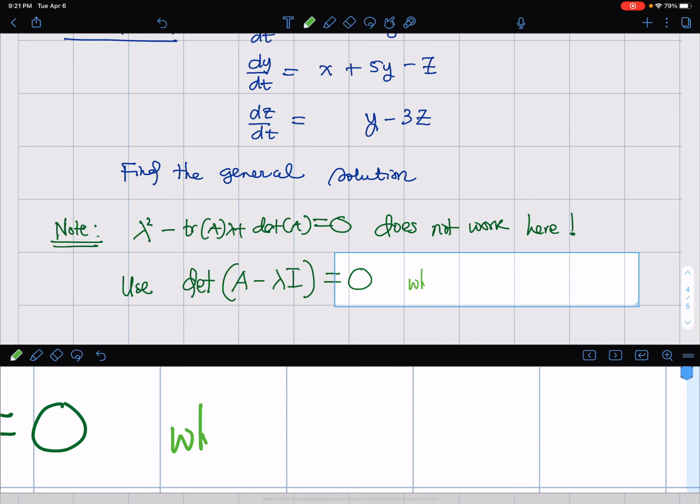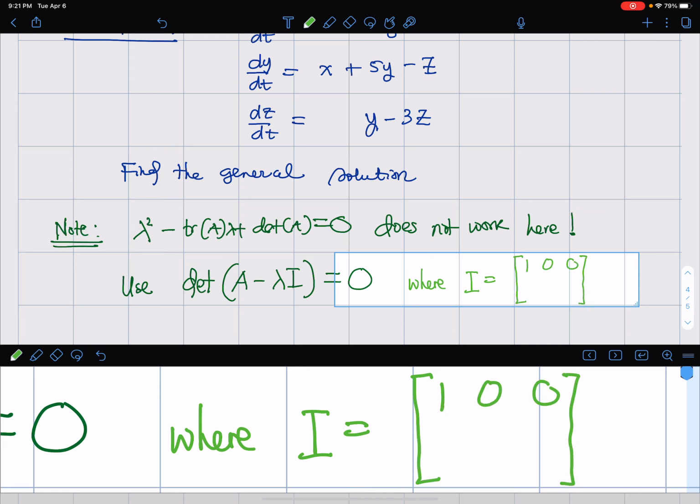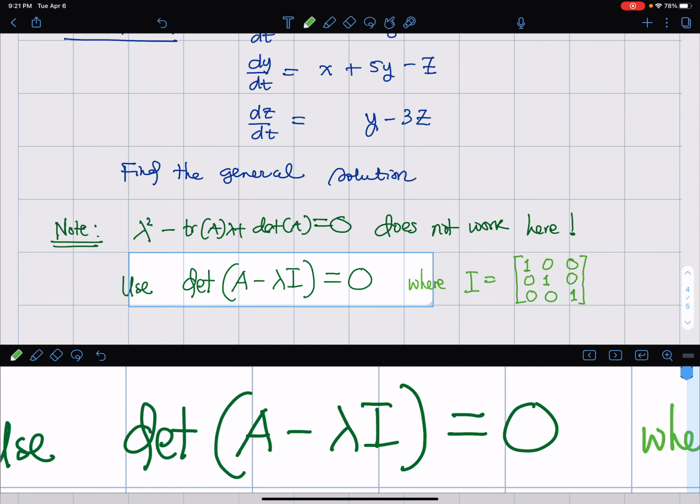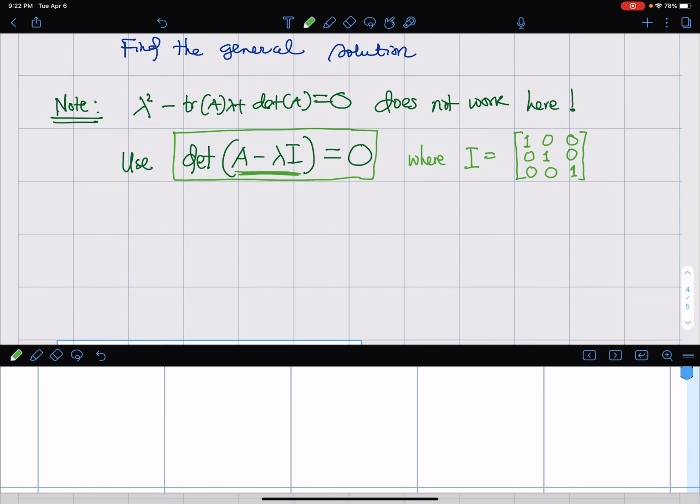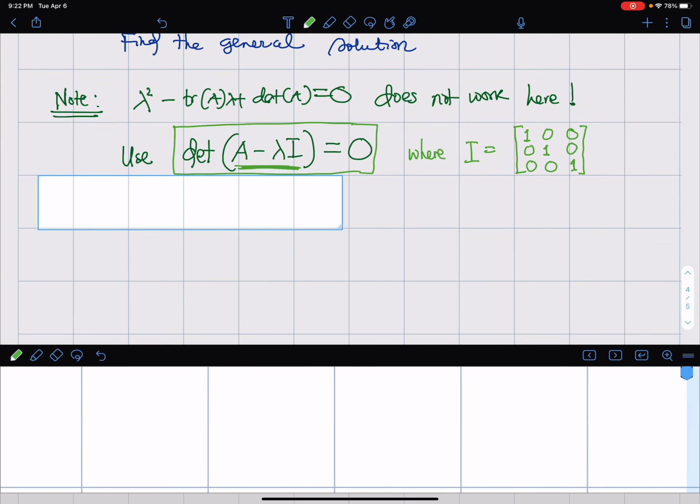I here is the identity 3 by 3 matrix: 1 0 0, 0 1 0, 0 0 1. To find the eigenvalues, find the determinant of A minus lambda I, set it equal to 0, solve for lambda, and then you get 3 different lambdas, and then you compute the eigenvectors for each of the lambdas.